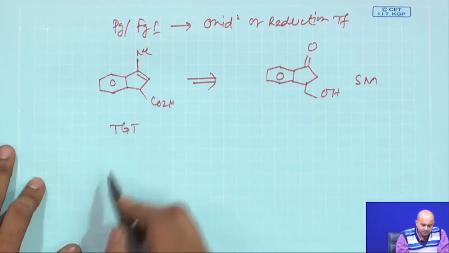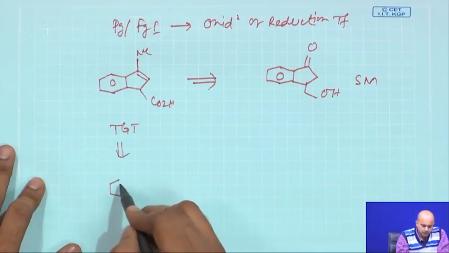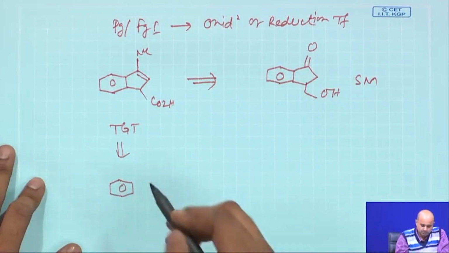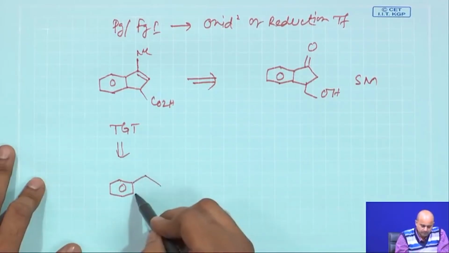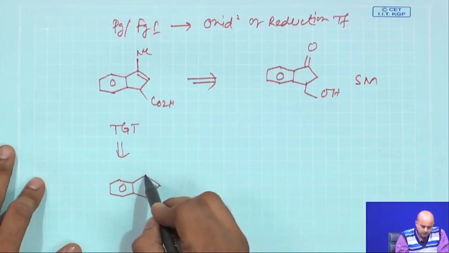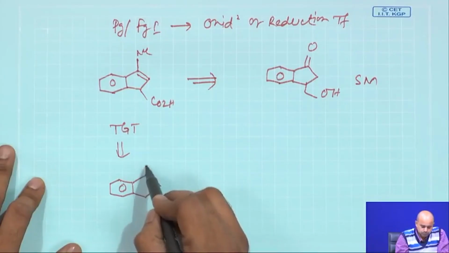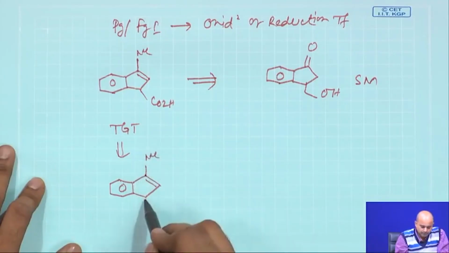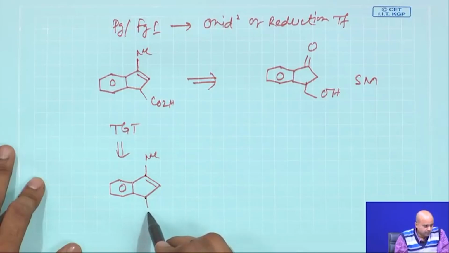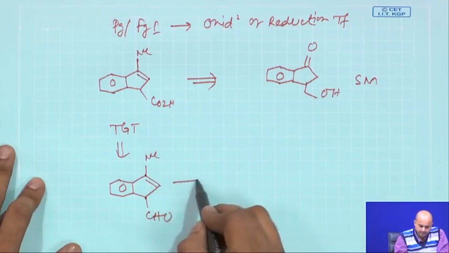So, that means we will now try to do a retrosynthesis based on this. We say first, an aldehyde can easily be converted to acid. Okay.